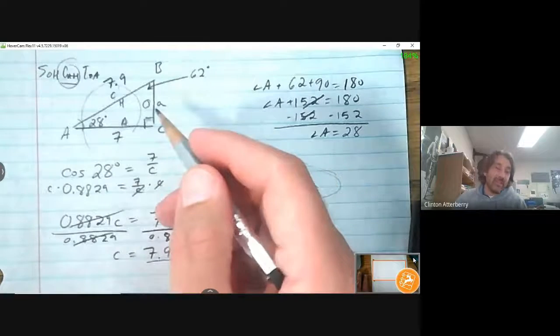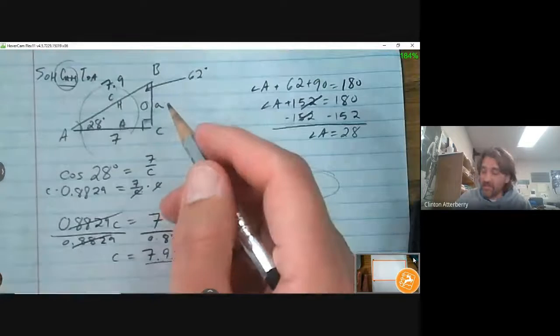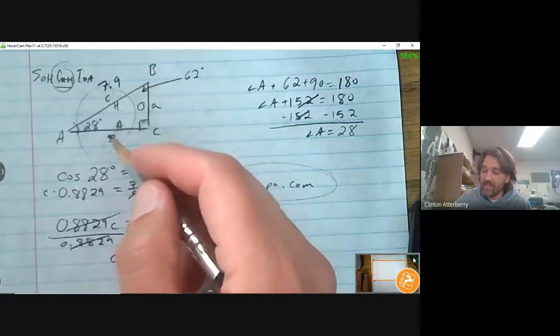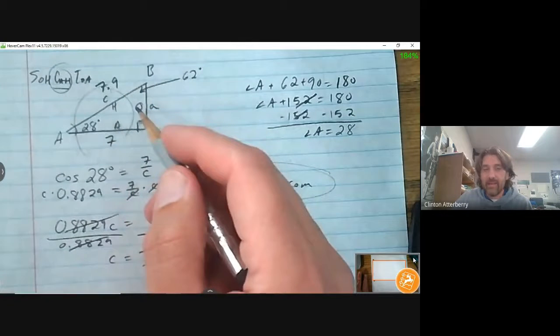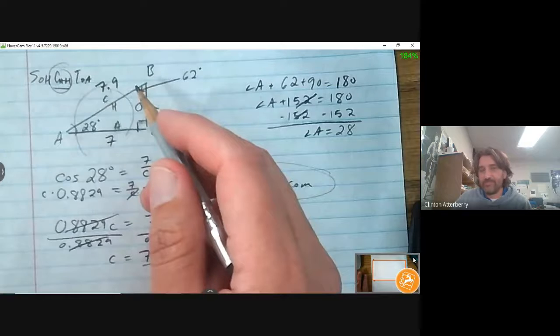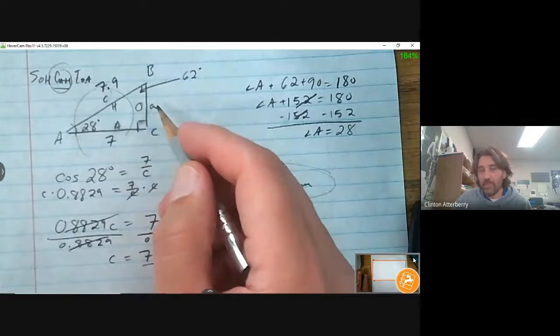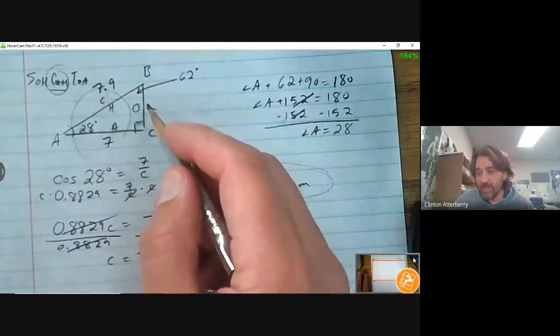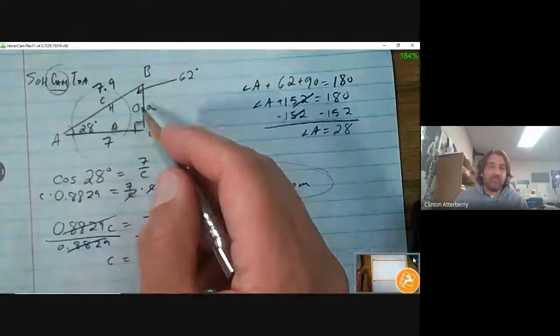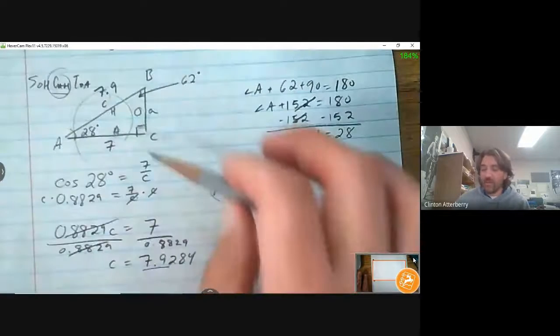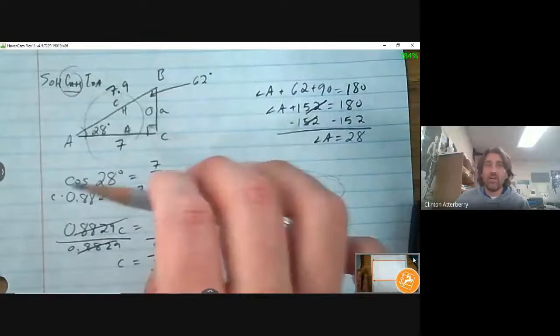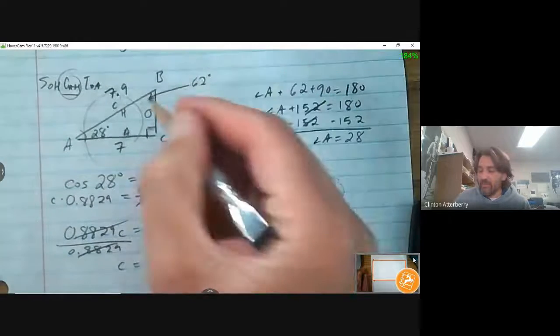Well, Pythagorean theorem is great when you have your 3 pieces, like your sides a, b, and c, and you know 2 of them. You're just missing 1 piece. If you have a triangle and you're only missing 1 piece here, Pythagorean theorem is going to be your best friend. So that way we don't got to think about sine, cosine, tangent anymore. We can just simply say Pythagorean theorem.